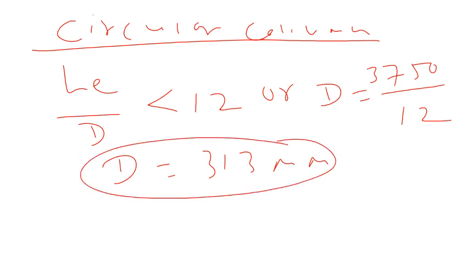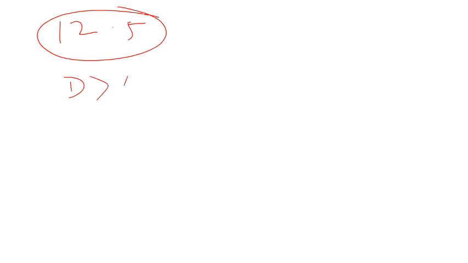This is one condition. Another condition to apply equation 12.5, as given in the book, if you refer to all the equations we studied for this problem, is that D should be greater than 400 mm or 0.12 L. So this is 400.